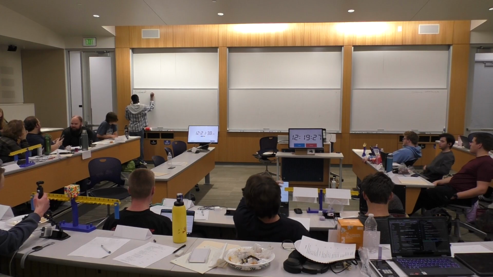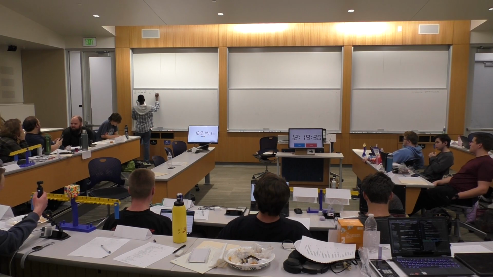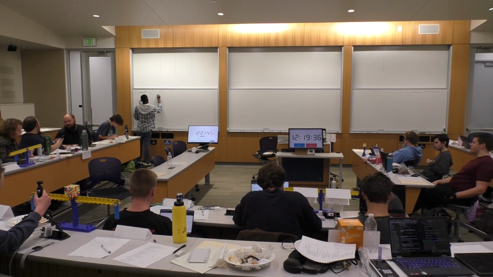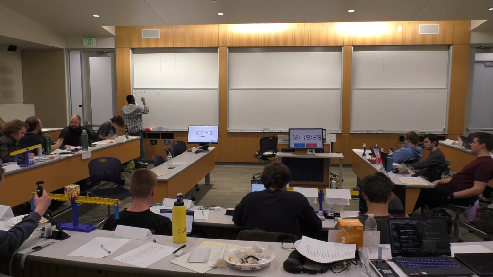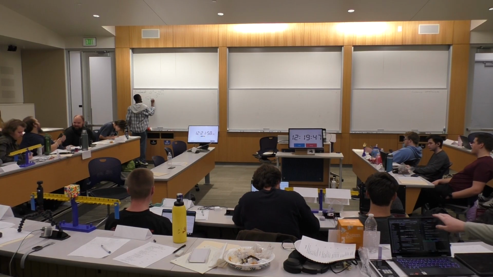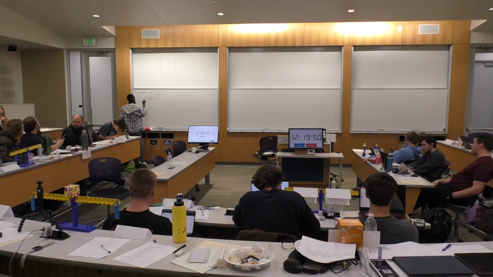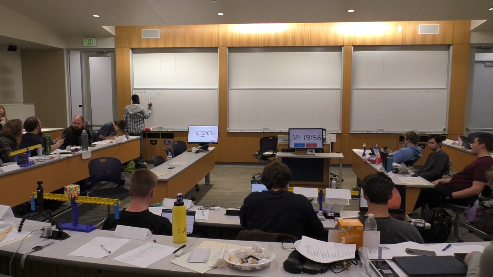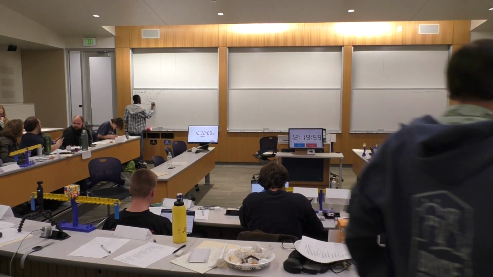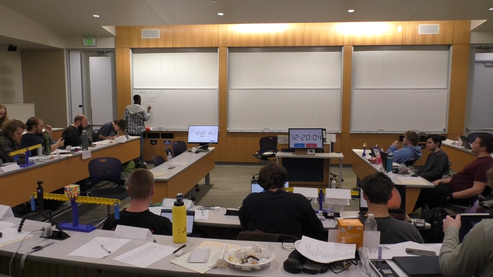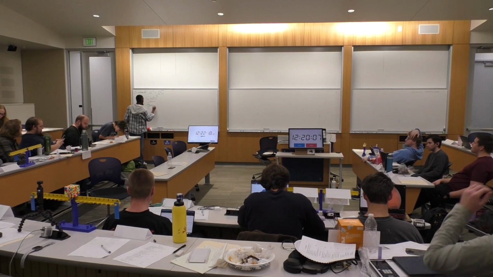Evaluate 4 power x equals 16 to the power 2x over 8 power x plus 1. We have solved something similar before. So solution. This is equal to 2 raised to the power 2x equals 2 raised to the power 4 power 2x over 2 raised to the power 3 into x plus 1.